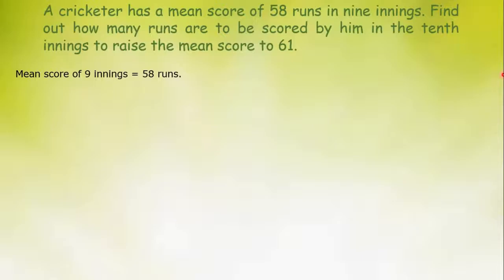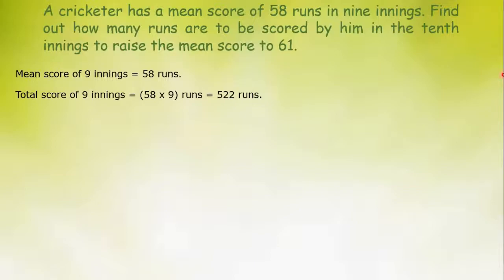How can we find total score of 9 innings? Mean is equal to sum by number of innings. Sum or total by number of innings is equal to 58. So, total score is equal to 58 times 9. It is 522 runs.